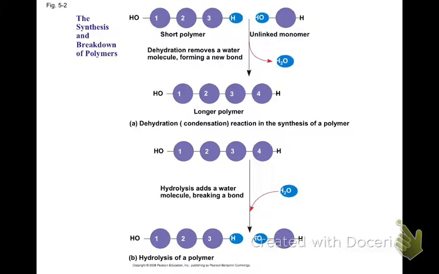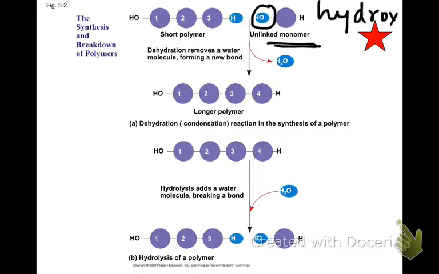So the point is, if I have a short polymer, like this particular polymer that I have here, it has 3 monomers attached to it. It has this one hydrogen present here, and the unlinked new monomer that has come into the picture has one hydroxyl group.